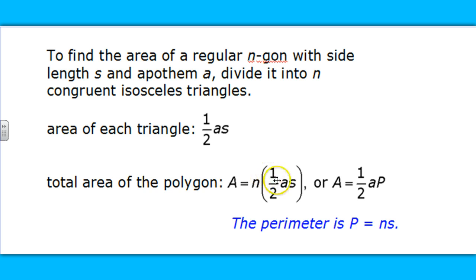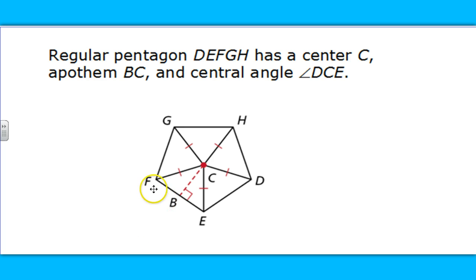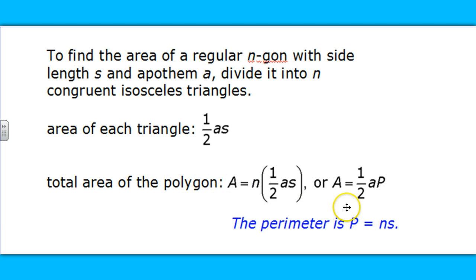So when we distribute this, we know that the number of sides times the length of a side gives you the perimeter of the polygon. Length of side times 5 would give you a walk around this entire pentagon, right? And so we can find the area of a polygon by using the perimeter as a base times the height apothem and divide by 2.